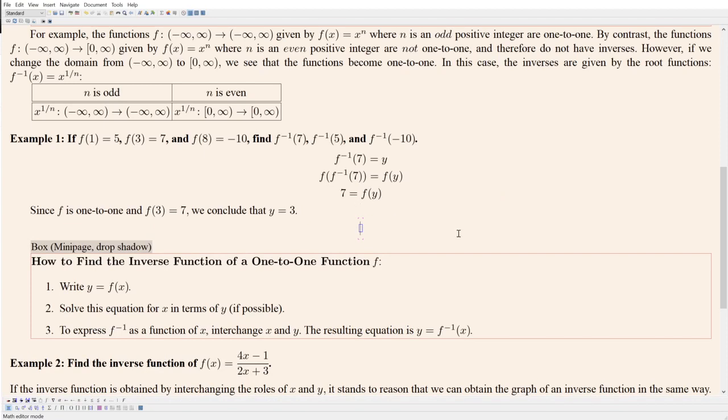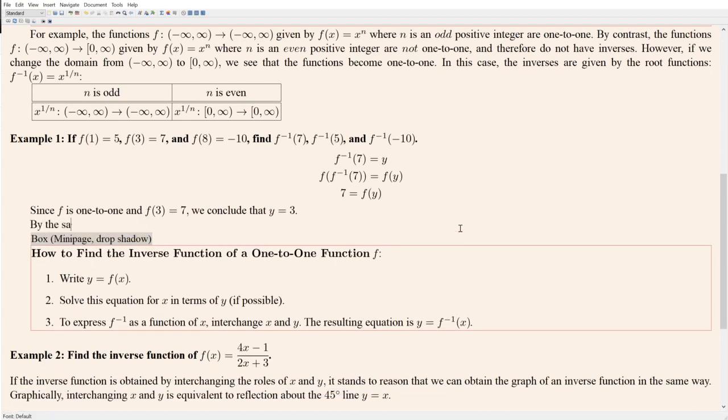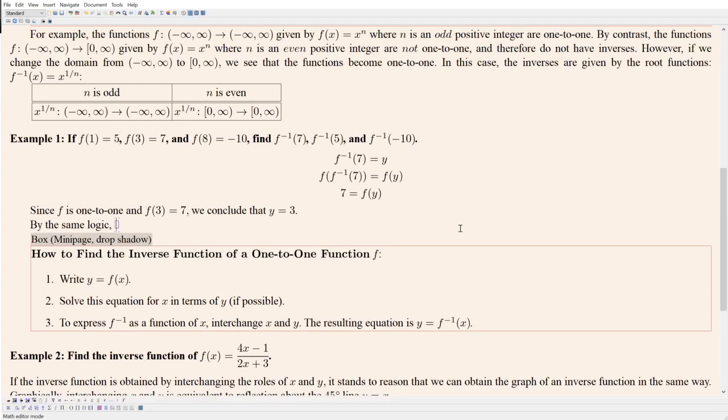And we can apply the same logic to the other ones here. So by the same logic, f inverse of 5 is, let's see, what gets mapped onto 5? 1.